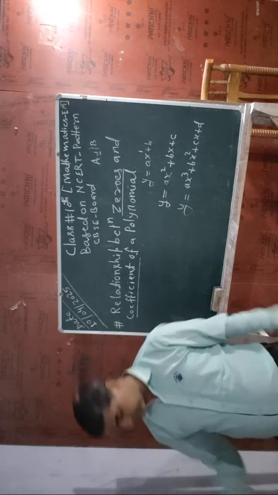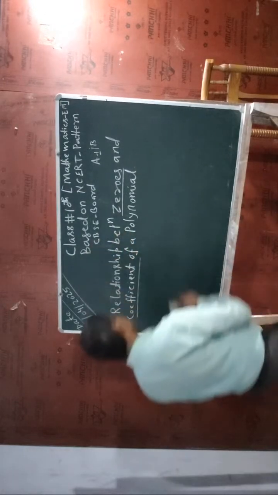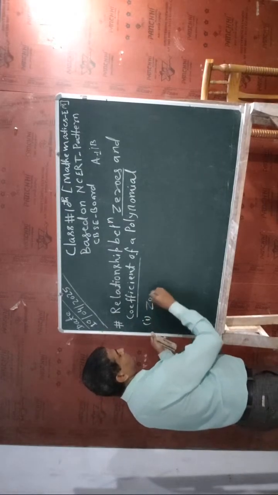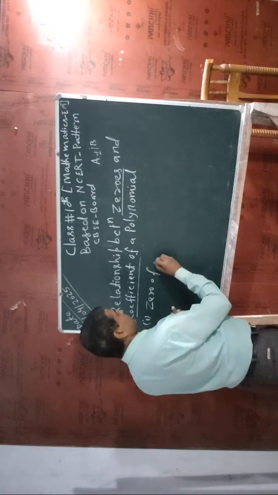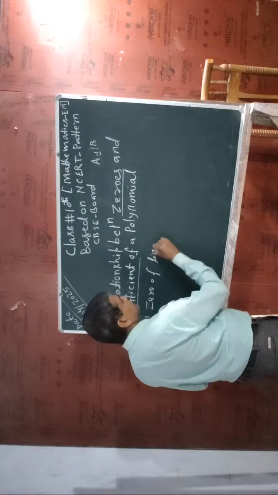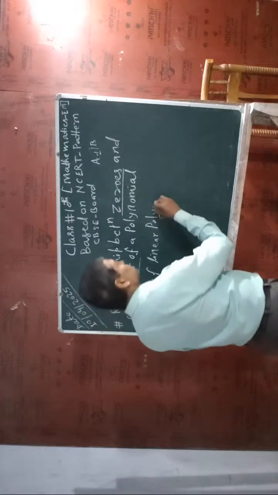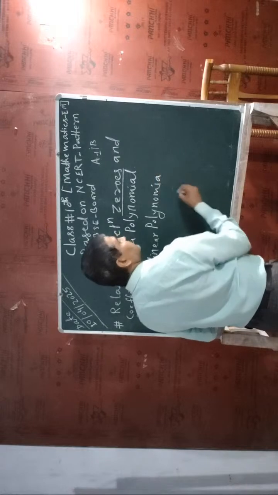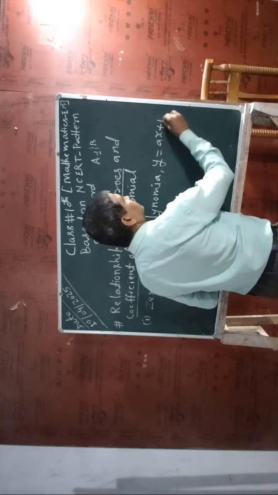So I will write the coefficients and zeros. I will write here first point: zeros of a linear polynomial. A linear polynomial is y is equal to ax plus b.